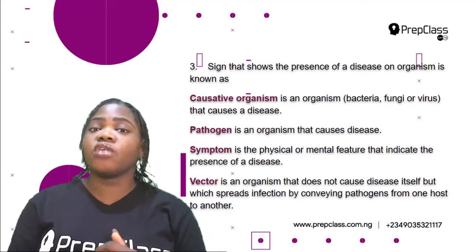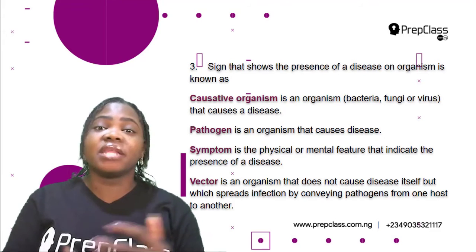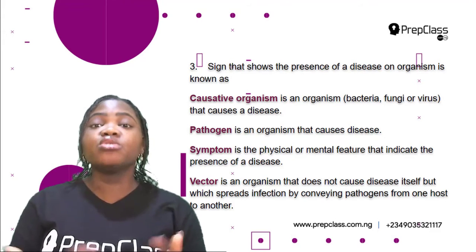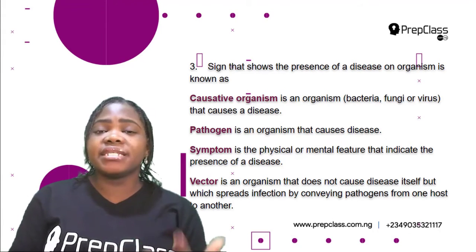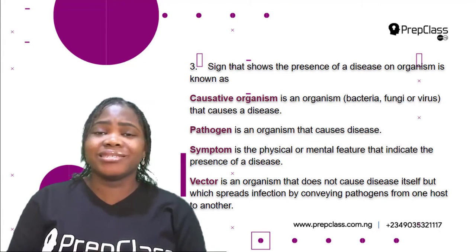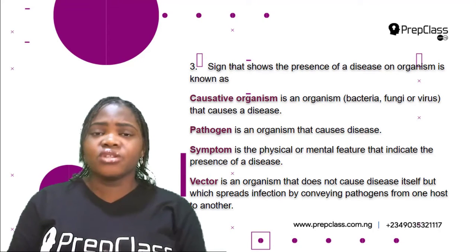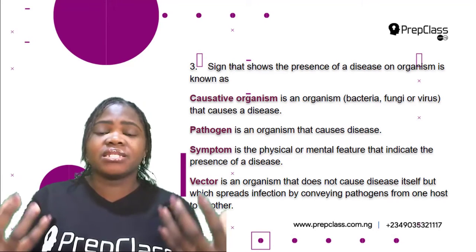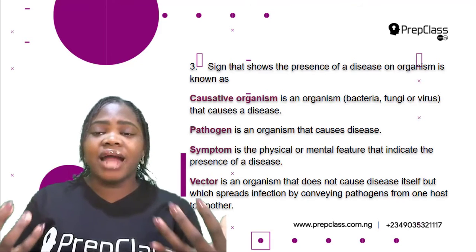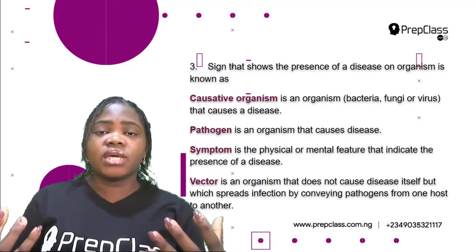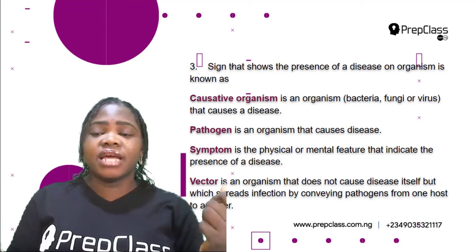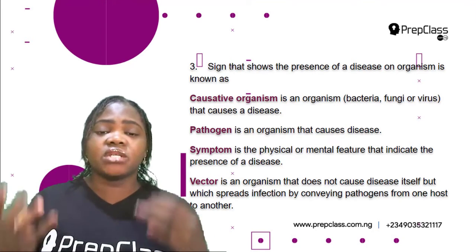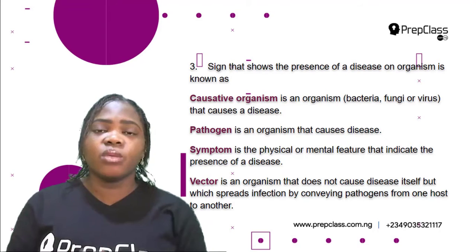It doesn't mean that the person has coronavirus, but it could be a symptom of COVID-19, or it could also be a symptom of tuberculosis or other kinds of diseases. So the physical things that you can see, or the mental feature that you can see that indicates the presence of a disease, is called a symptom.